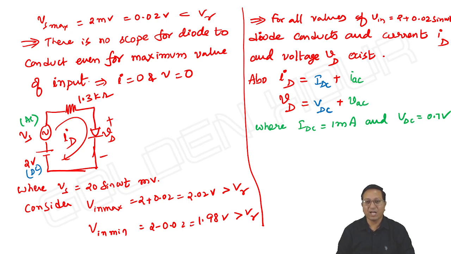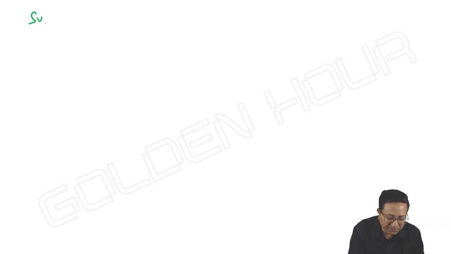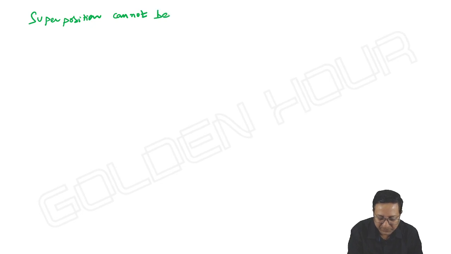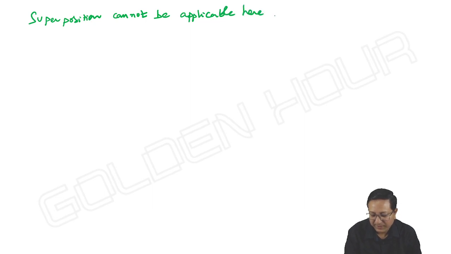That's a very, very important point: superposition cannot be applicable here as the diode does not conduct for AC.